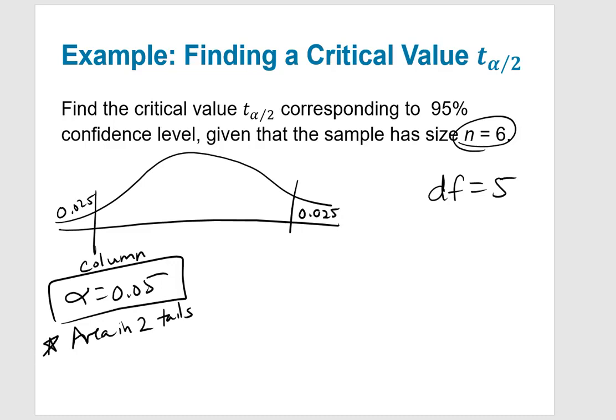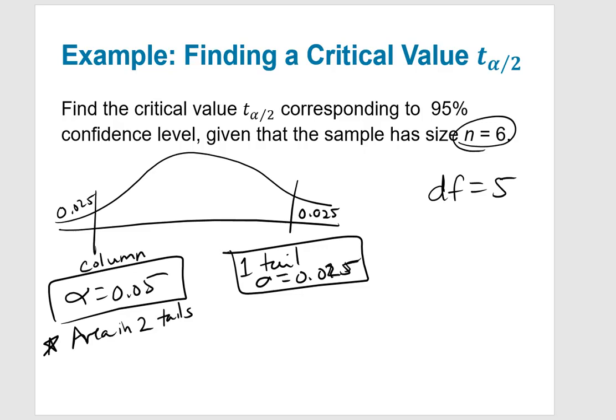That's very important as well. Make sure you're in the correct column. If you want to use the 1 tail column, make sure you're looking up your alpha of 0.025. They should give you exactly the same number, but it's important that you keep that in mind.